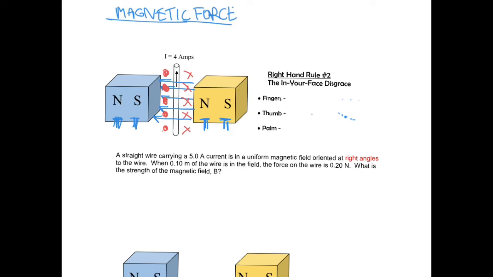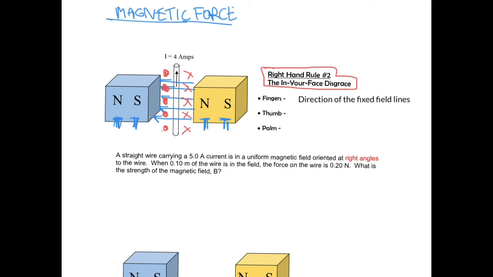Now we're going to use a second right-hand rule, which I affectionately call the in-your-face disgrace hand rule. This is an open-faced hand rule, and it involves your fingers, thumb, and palm. So the fingers are going to show the direction of the fixed field lines.